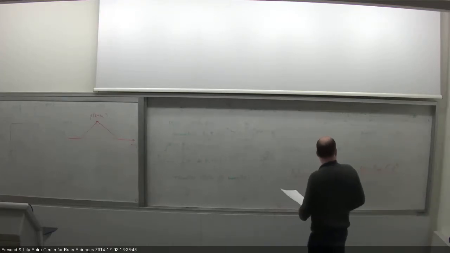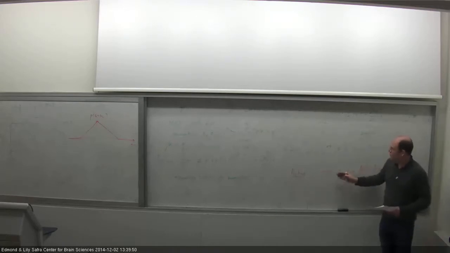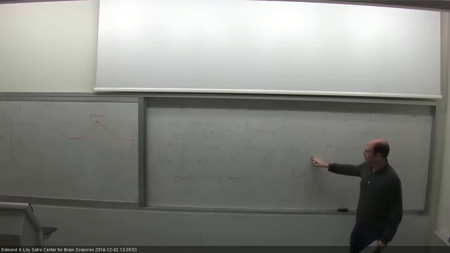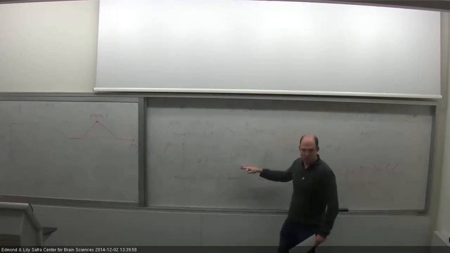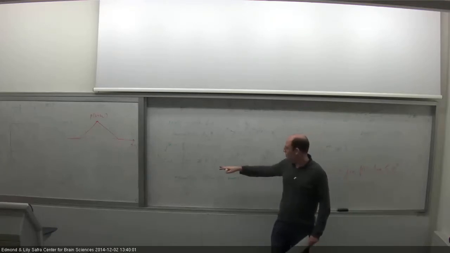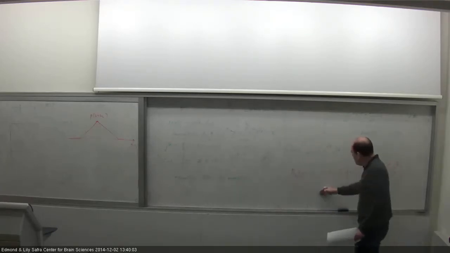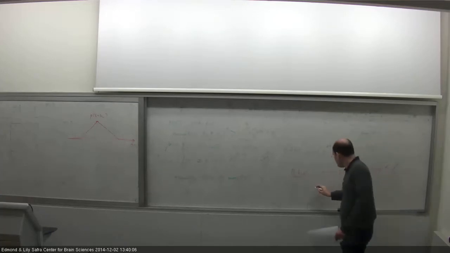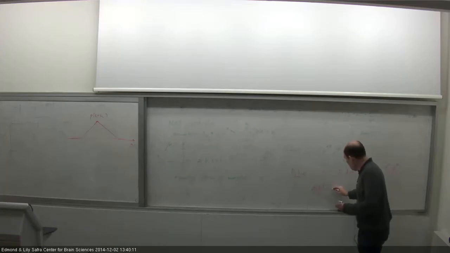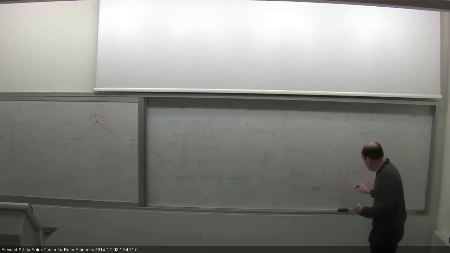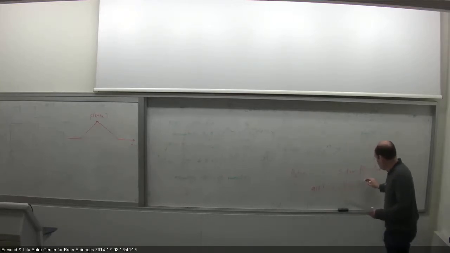And just as I could express f as a Taylor expansion around 0 with these coefficients, I could ask, what is the Taylor expansion of g of t? So I could Taylor expand g of t and write it as kappa 0 plus kappa 1 t plus kappa 2, by definition, kappa 2 t squared over 2 factorial and so on.